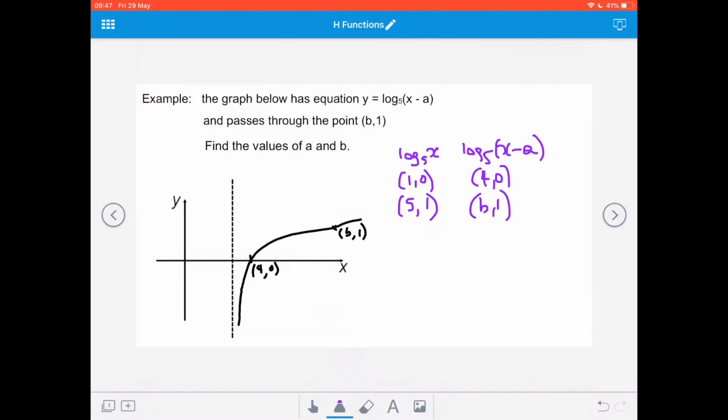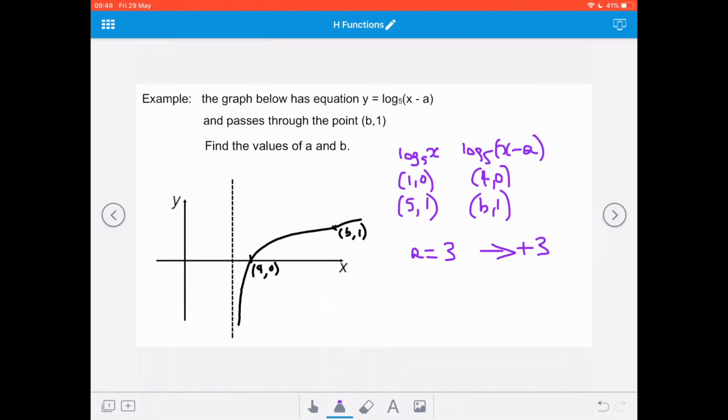Now, if we look at what happens to our 1, 0 coordinate, it's being shifted horizontally 3 units to the right. Because our bracket is x minus a, it means our a value is going to equal 3, because we've got our shift 3 units to the right.